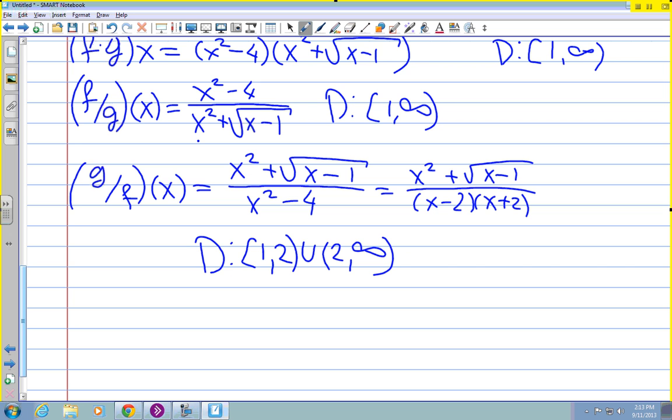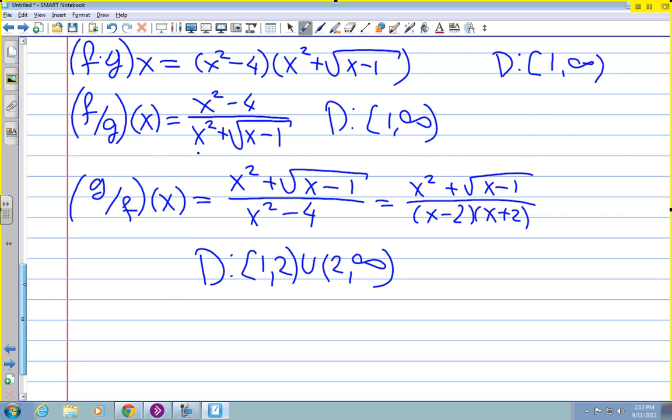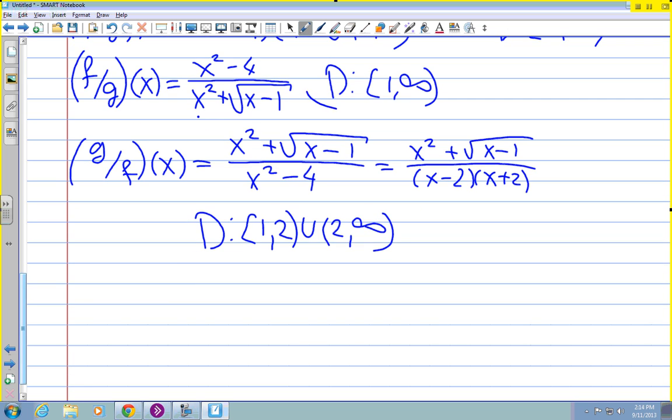Does that make sense? So why is it "or" and not "and" for the domain? Well, because again, I already did that. That's given to me. I have this set from 1 to infinity. Now the other set is everything but 2 and negative 2. So here's negative 2, and here's positive 2.